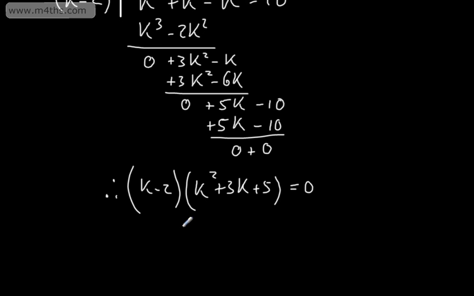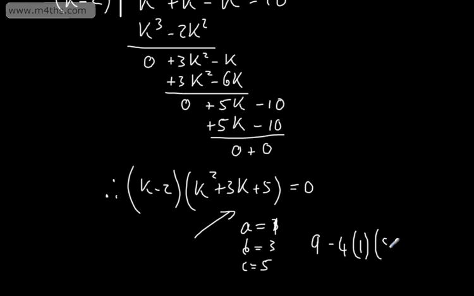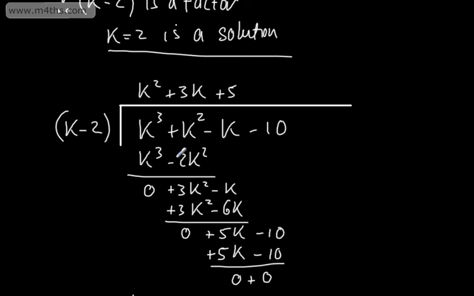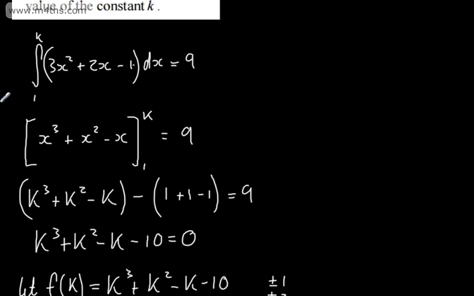Looking at this quadratic, we can say that a is equal to 1, b is equal to 3, and c is equal to 5. b squared minus 4ac, which is 9 minus 4 times a times c, is going to be less than 0, therefore no real roots to the quadratic. So the final answer, k will be equal to 2. That is the only real solution.